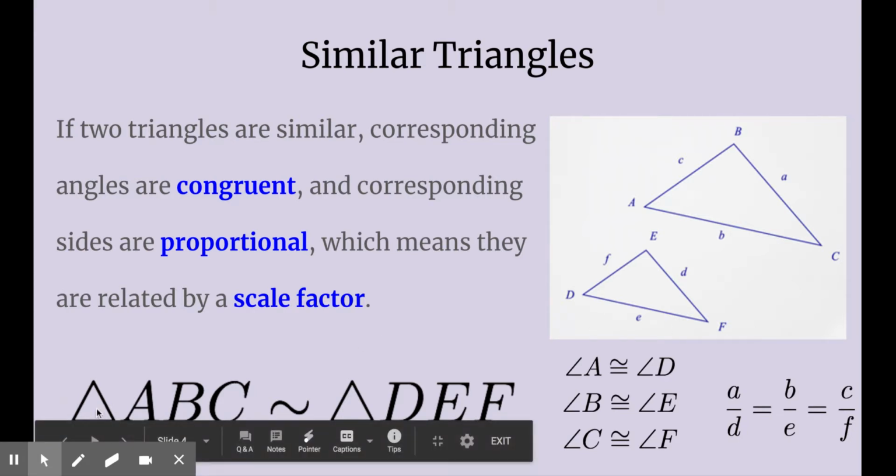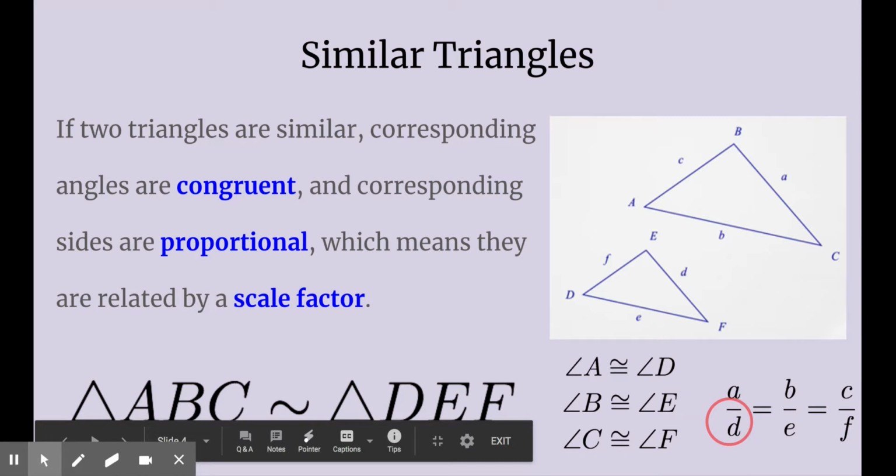If we know that triangle ABC is similar to triangle DEF, and by the way, this is the symbol that we use for similarity, it follows that angle A is congruent to angle D, angle B is congruent to angle E, angle C is congruent to angle F, and then the ratio of the corresponding sides is equal. This is another way of saying that corresponding sides are proportional, or related by a scale factor.